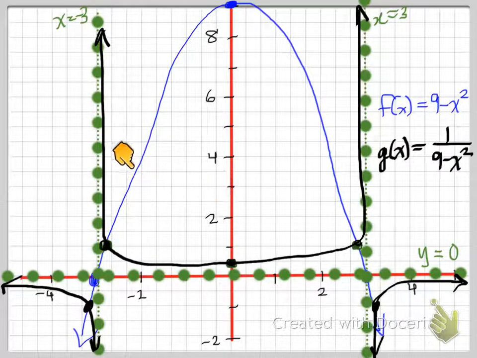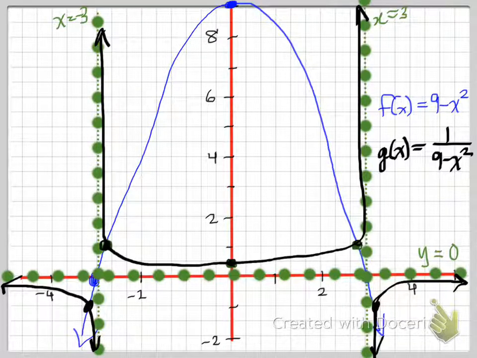So positive remains positive, and negative over here remains negative on both sides. The intervals of positive, that means y values greater than 0, and intervals of negative, where the y values are less than 0, remain the same.